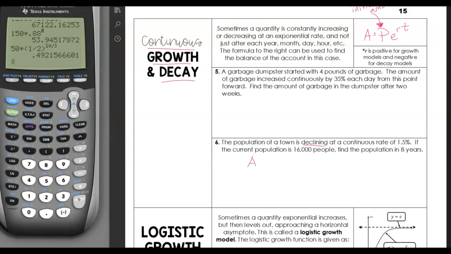What this means is, I'm going to write down my principal, my initial amount, which is 16,000, write down my E, which is Euler's number, but for my rate, because I am declining, I'm not just going to put 0.015, because I'm going down, I put a negative 0.015 raised to the power of T. So anytime it tells you it's declining, you have a negative rate.